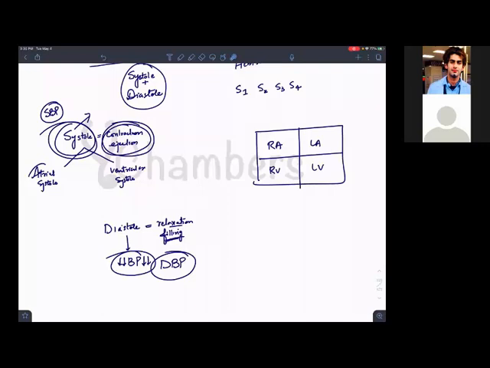Fine. Now, atrial systole means atrial contraction, which means filling the relaxed ventricles. And atrial diastole means atria is filled with blood, getting the venous return. Ventricular systole means the ventricle is ejecting the blood to the peripheral circulation and the pulmonary circulation.